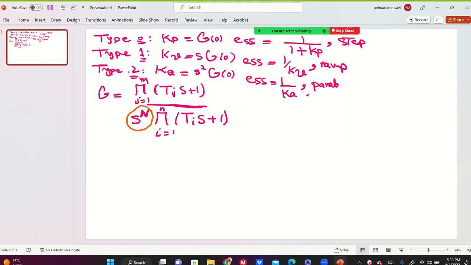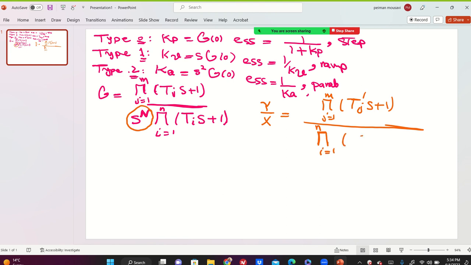So after this, now let's go back to our closed loop transfer function of the system, Y over X, and again, whatever I have here as the product of (T'j s plus 1) for j from 1 to m over the product of (T'i s plus 1) for i from 1 to n. Suppose the system is nth order.